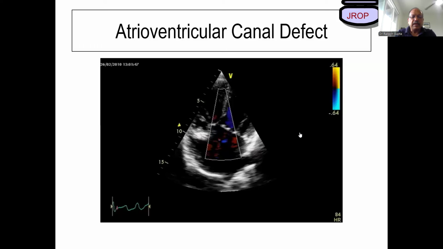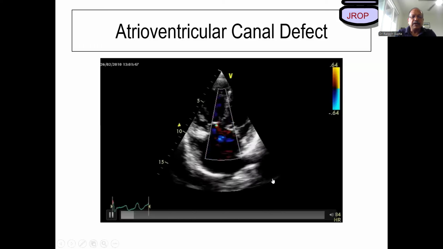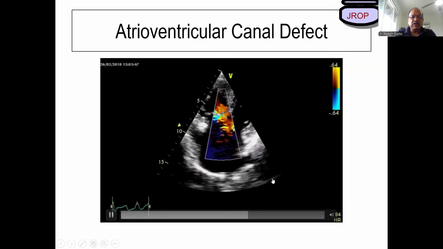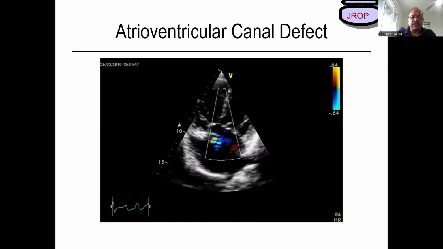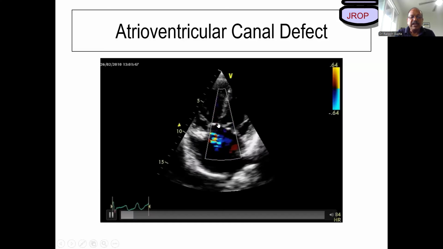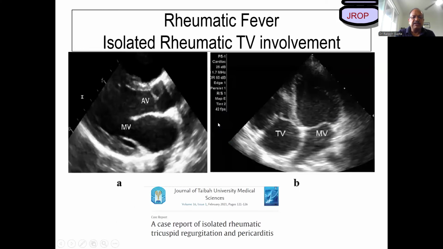Now you can see a common AV canal defect where we can see this kind of phenomenon in this particular patient, where we have significant tricuspid regurgitation.